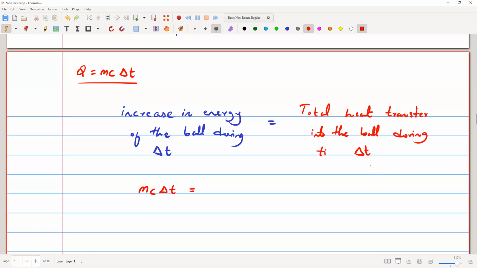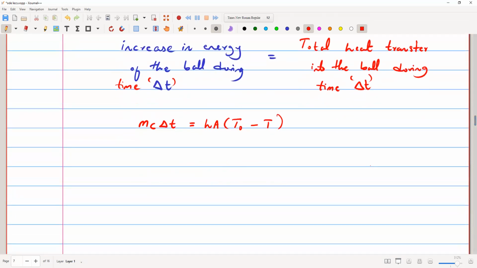So m c delta T is going to be equal to HA times (T naught minus T). Okay, that's fine. Then if we divide this expression by delta t on both sides, what happens?